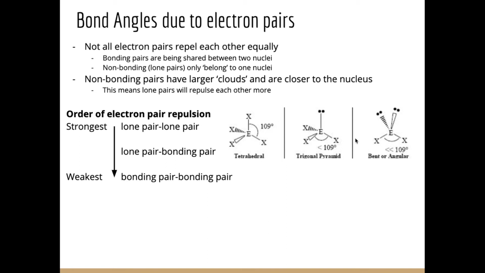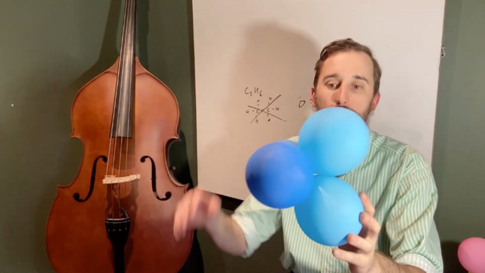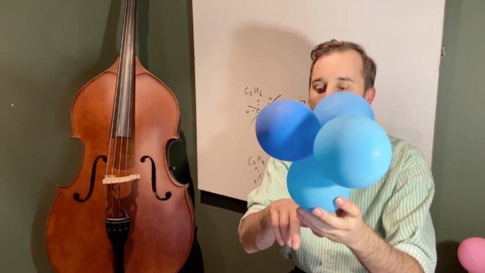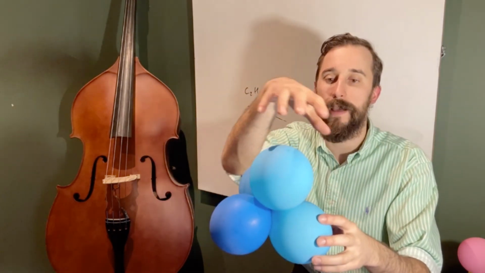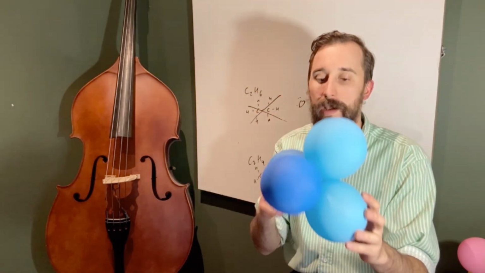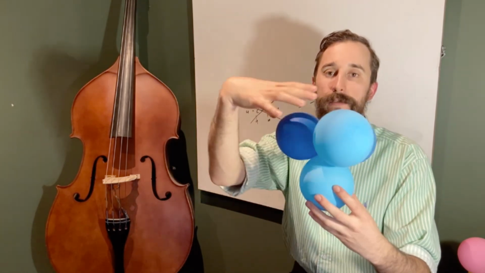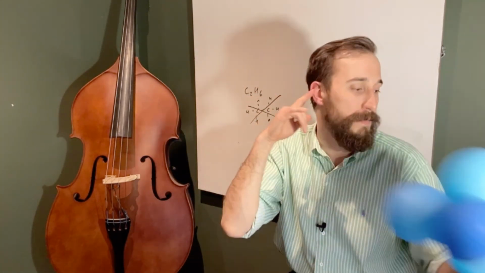So all three of these are based around this shape, where in the tetrahedral we have 1, 2, 3, 4 things bonded. In the trigonal pyramidal we've only got 1, 2, 3 things bonded, and we're left with a region of lone electron pairs. And in the nonlinear we've got 2 things bonded, and we have 2 pairs of non-bonding pairs.